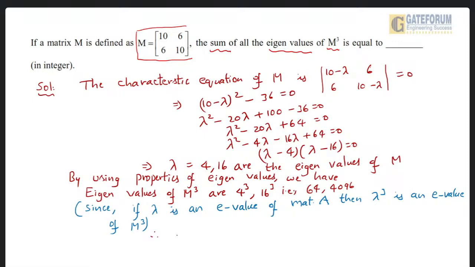Therefore, the required sum, that is the sum of the eigenvalues of M cube, is 64 plus 4096, which simplifies to 4160. So the answer is 4160. This is the end of the question.